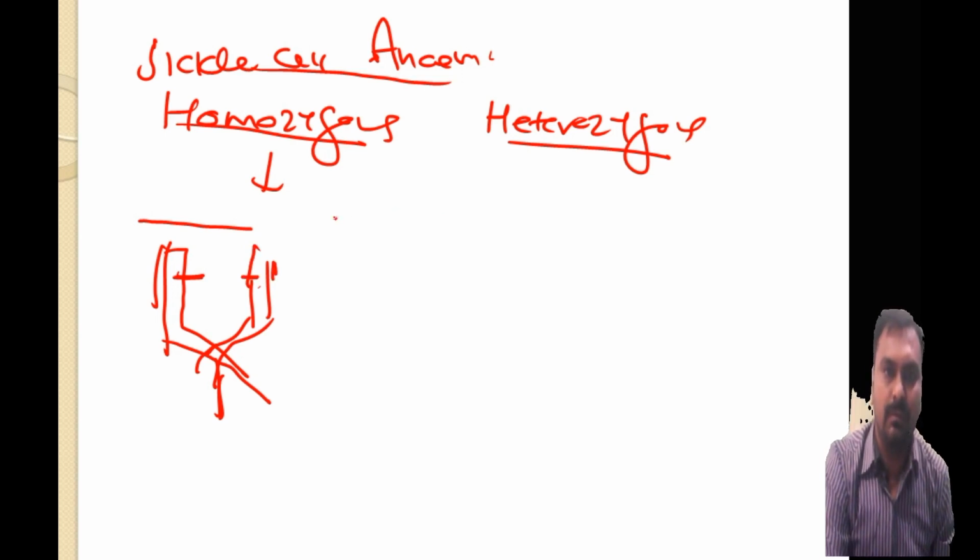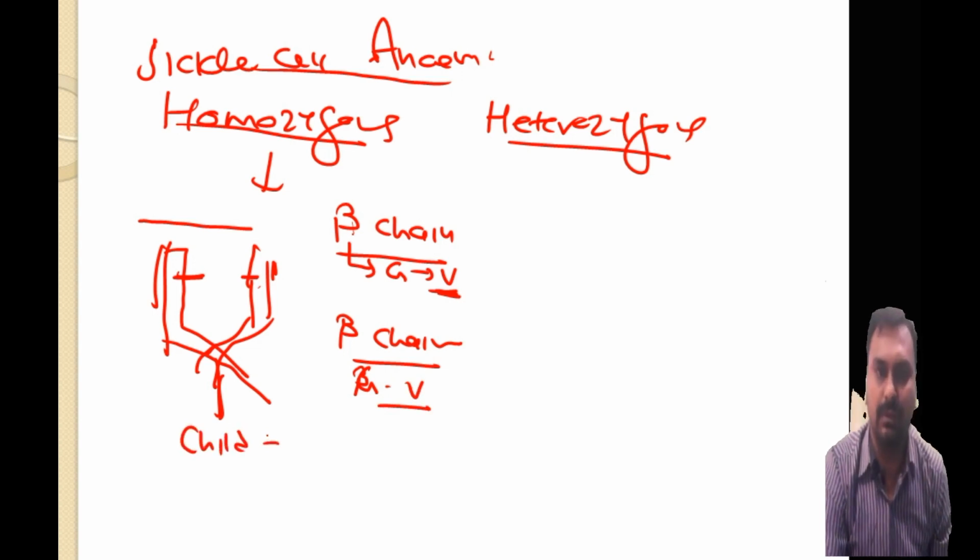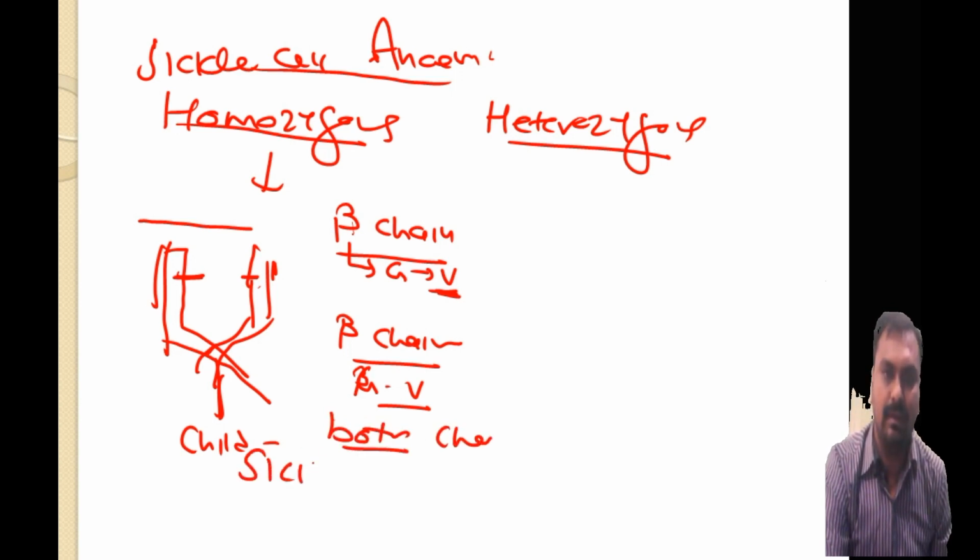So if father's beta chain is defective and mother's beta chain is defective, in the sense glutamic acid is replaced by valine, the child gets one chromosome from father, one from mother. So if both chains are defective, it will lead to the sickle cell disease.